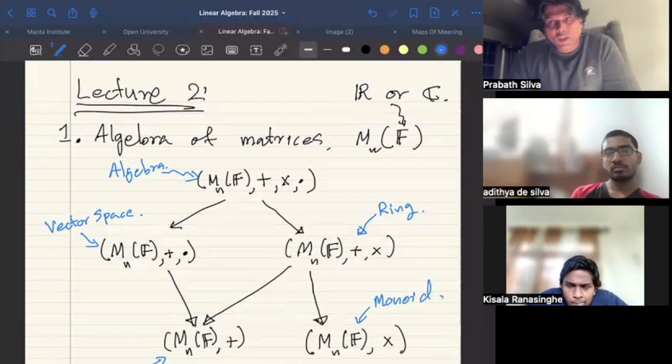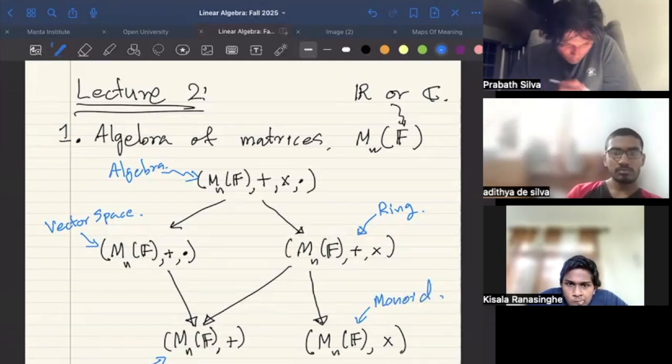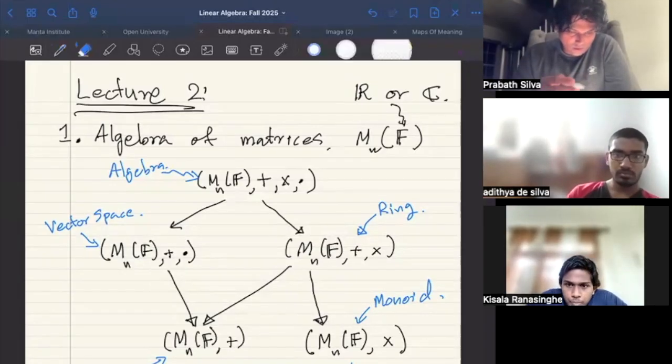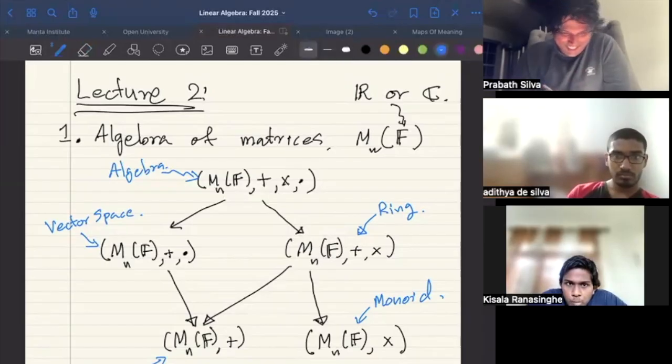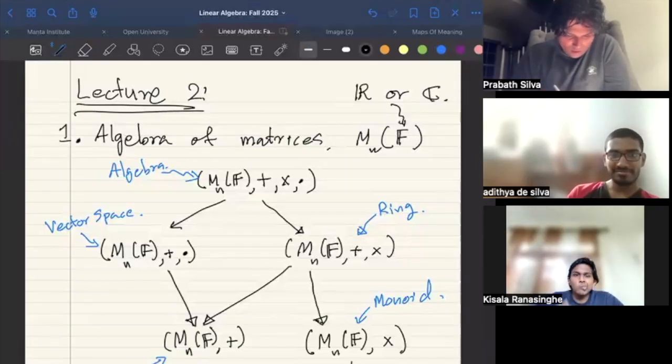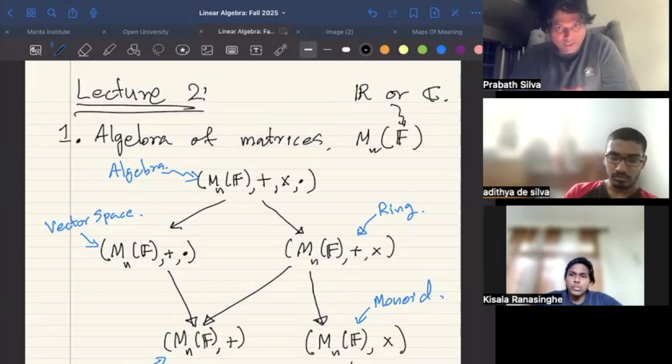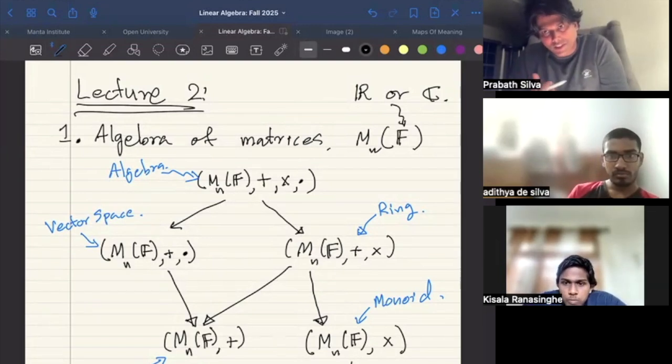But inside here, what we have done so far is reduce the operations and keep the same set.